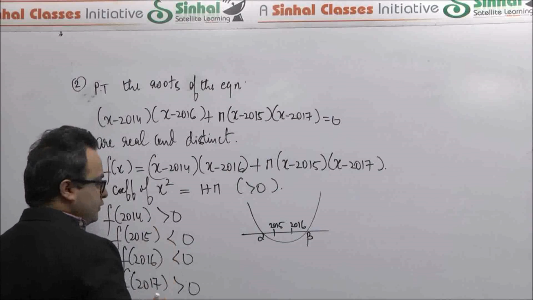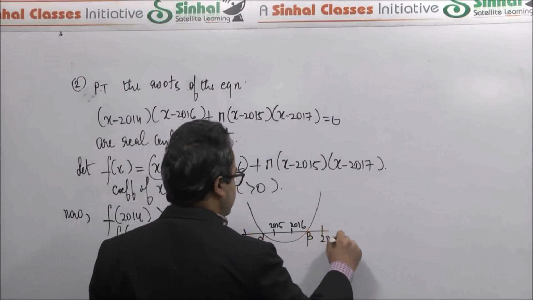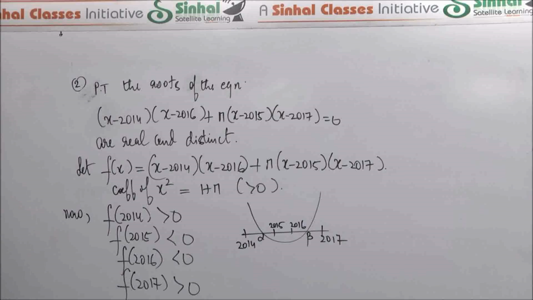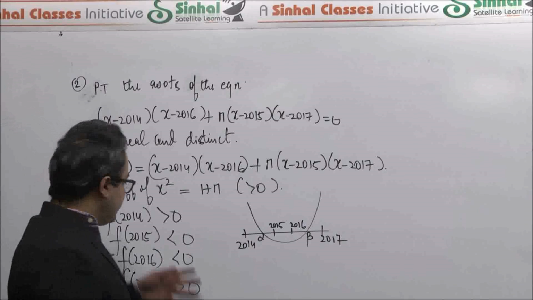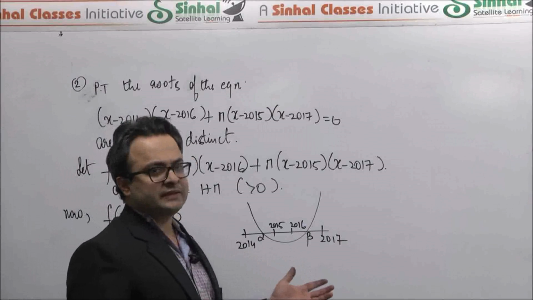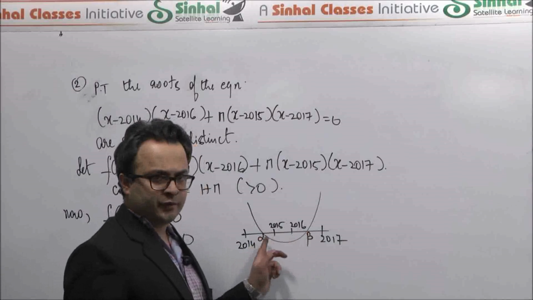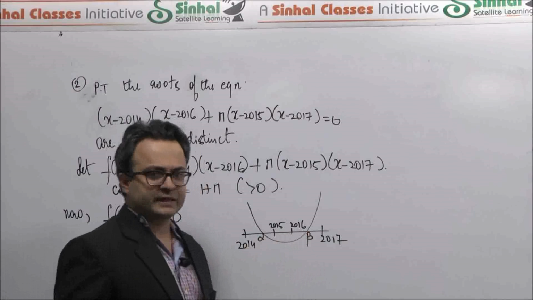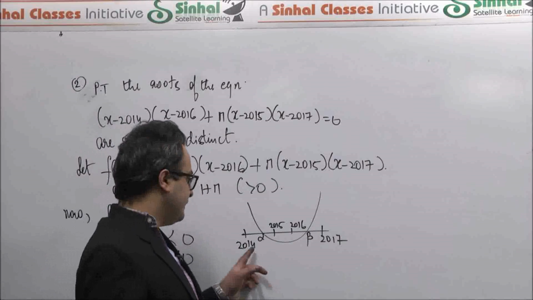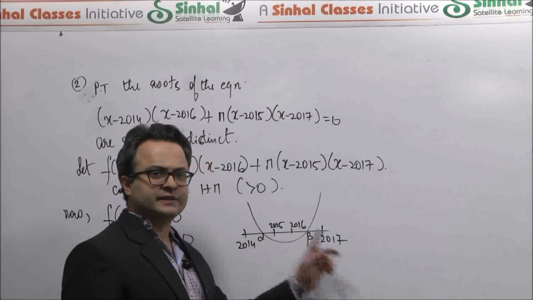And since at 2014 and 2017, the function value is positive, 2014 must be over here, and 2017 must be over here. So clearly the only way that these four conditions are satisfied is if something like this must be happening, which obviously tells you that there are two real and distinct roots of the equation, because there must be these two real and distinct points at which the graph is intersecting the x-axis. In fact, you can say something more also. You can say that one of the roots lies in the interval 2014 to 2015, and the second root lies in the interval 2016 to 2017.